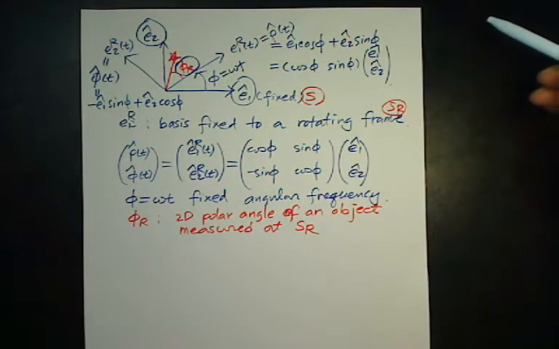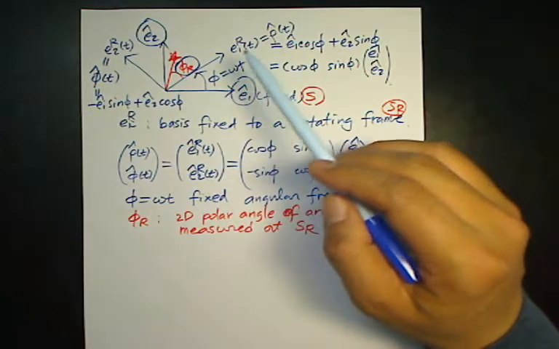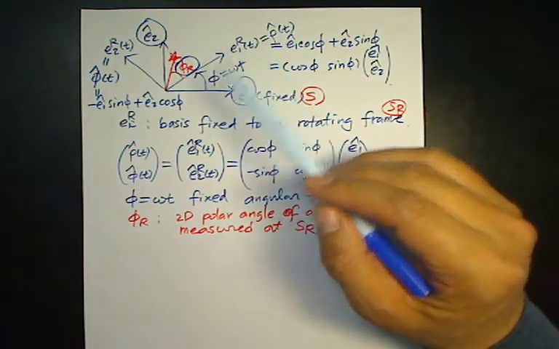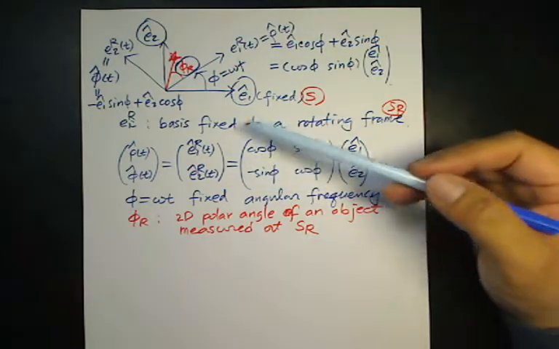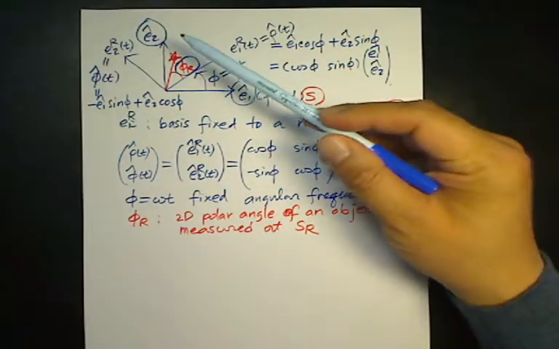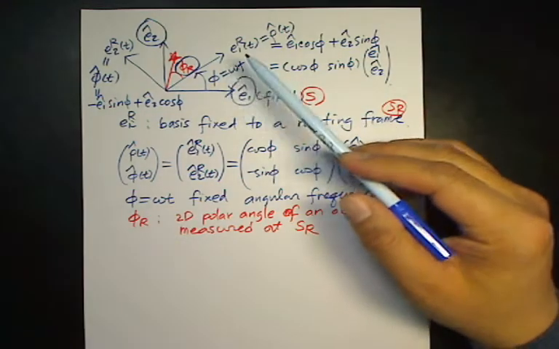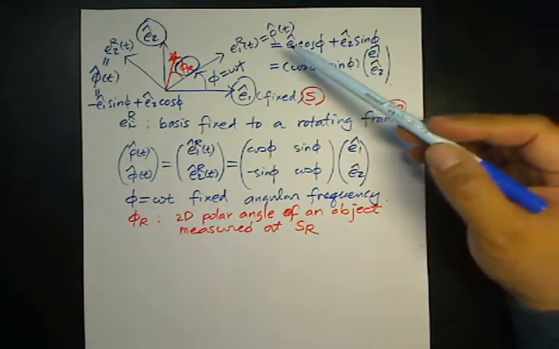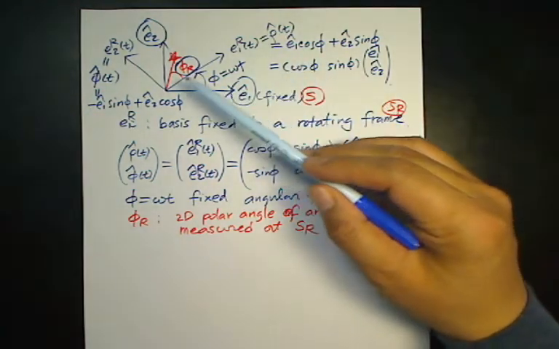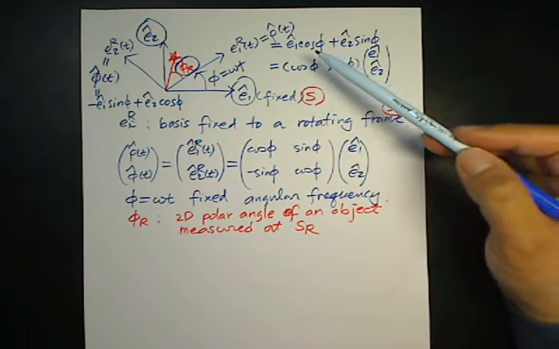Let us find the relation between the rotating frame basis and the fixed coordinate basis. Fixed coordinate basis are E1 hat and E2 hat. Rotating frame basis are rho hat and phi hat. And rho hat and phi hat are here. This one is a linear combination of these components, cosine plus sine.